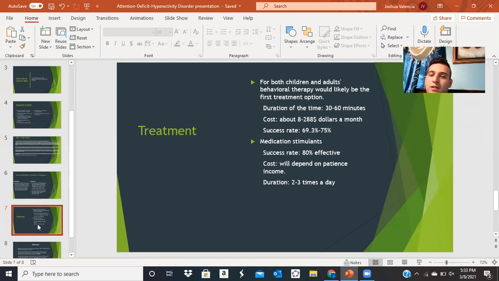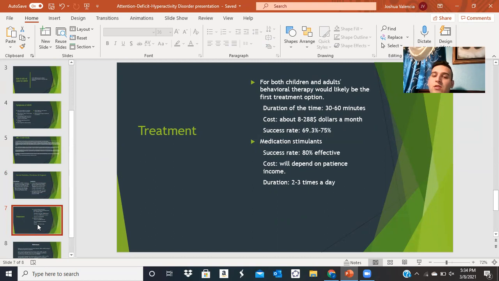Success rate is 69.3 to 75% effectiveness. For behavioral therapy, that usually involves learning techniques to help improve organization, completing tasks, time management, and strategies to improve impulse control.